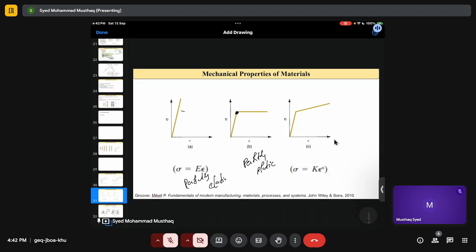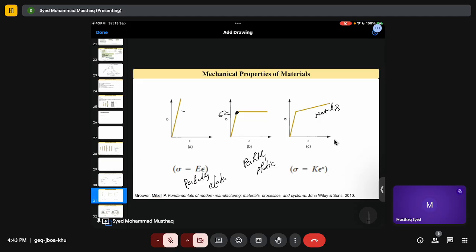The material will continuously deform, just like water. If you try to disturb the surface, it will deform itself, or move itself and rearrange. Same goes here. All you have to do is reach this point and maintain that stress, and it will continuously deform itself. That's all. That will be called perfectly plastic. And this is for metals, which we see.